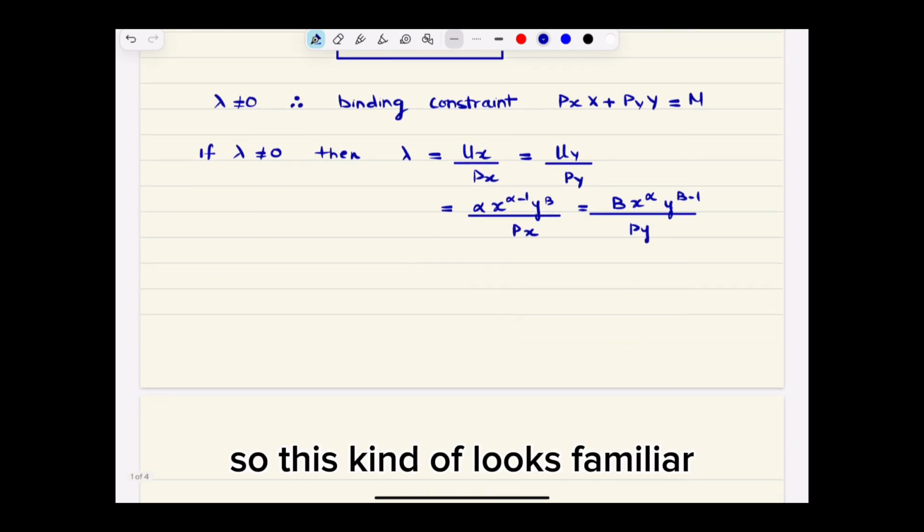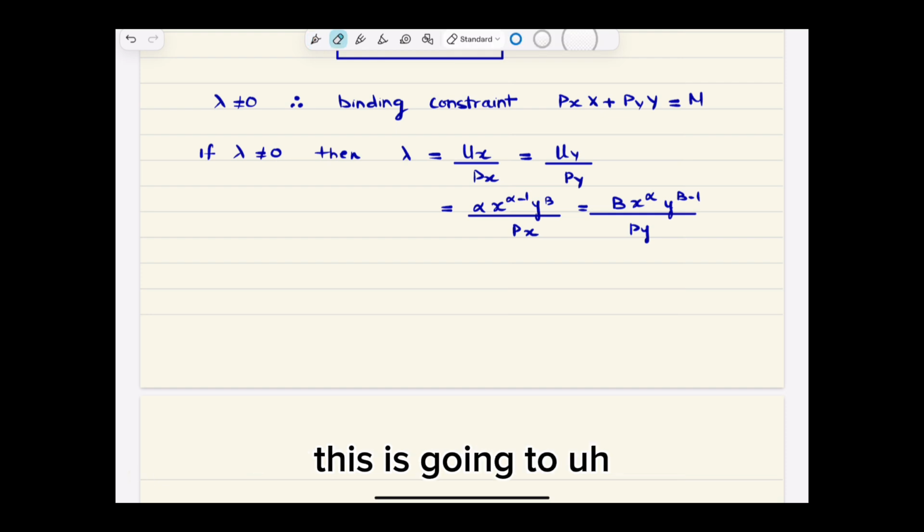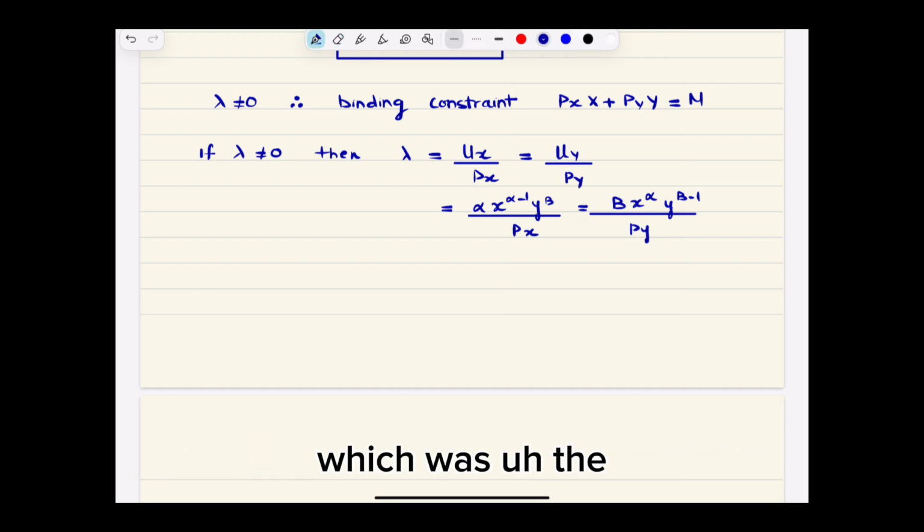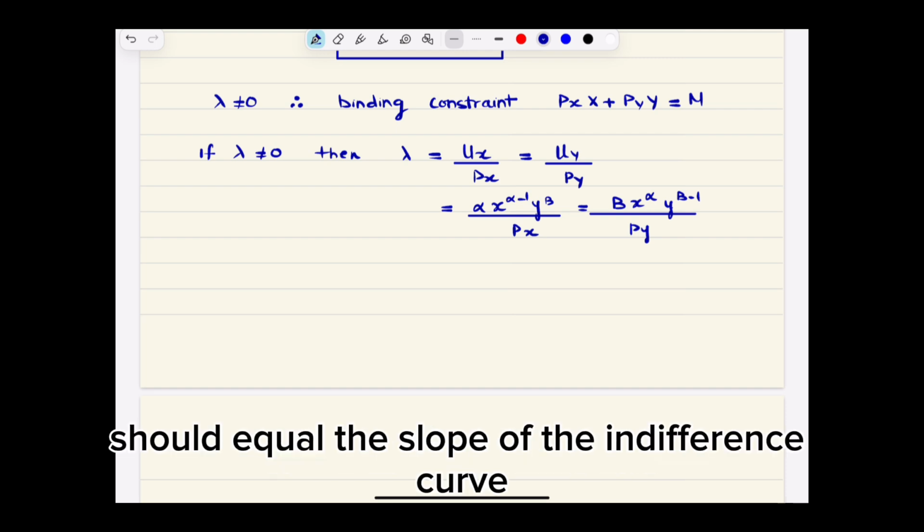So this kind of looks familiar. This is going to give us a tangency condition, which says the slope of the budget line should equal the slope of the indifference curve.